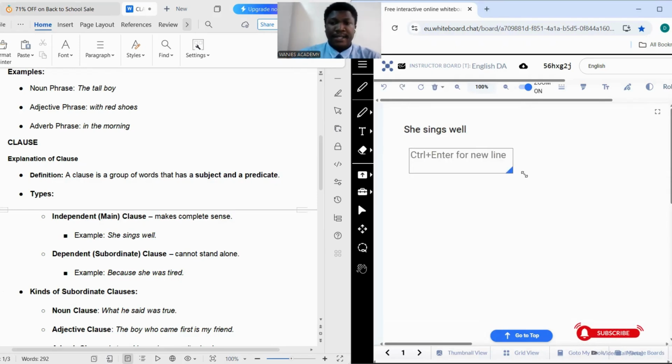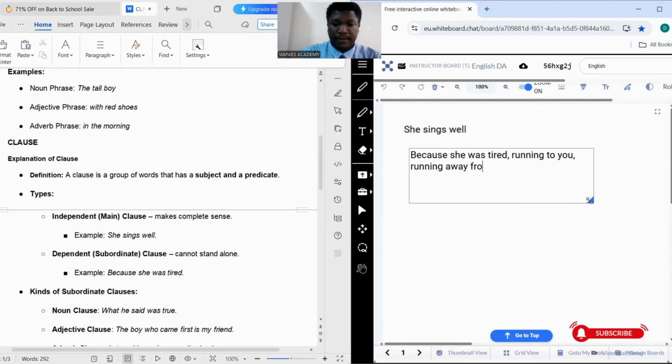Then a dependent clause is simply a group of words that cannot stand on its own. It starts with something like this: because she was tired, or running away from the car chase.